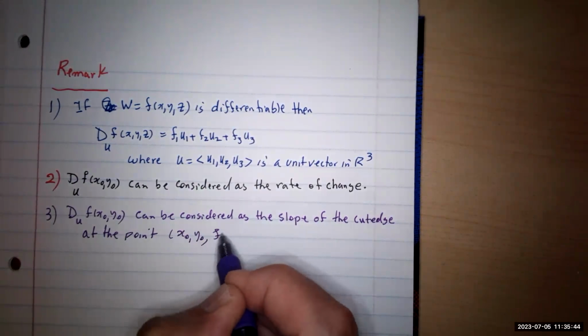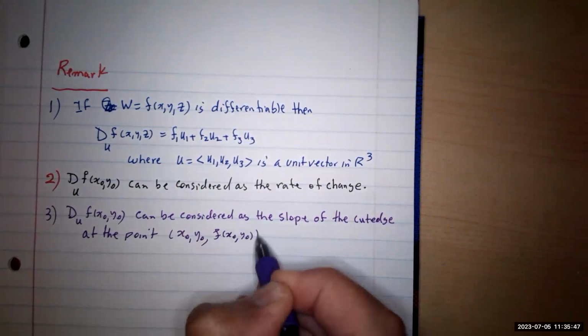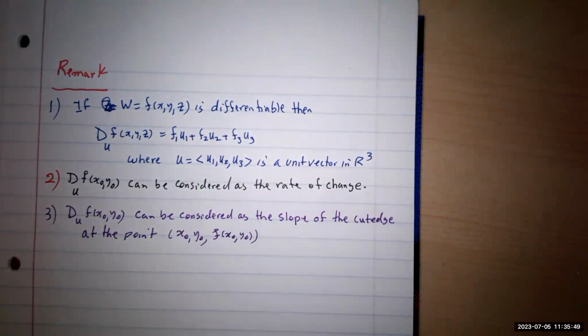You put it inside the function in three dimensions. You are going to have a three-dimensional solid as your graph, and you cut it.